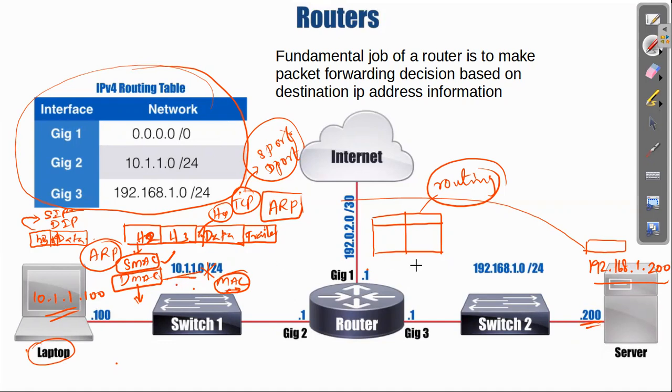Why? The destination is in the next network. Now it will identify according to the IP address, source and destination. It will examine the destination IP address and come to the conclusion that it has to send the packet to the default gateway.